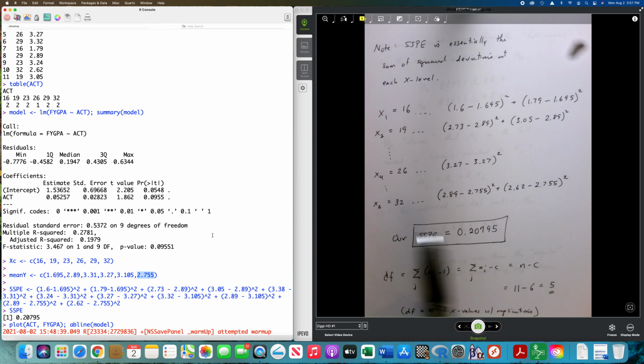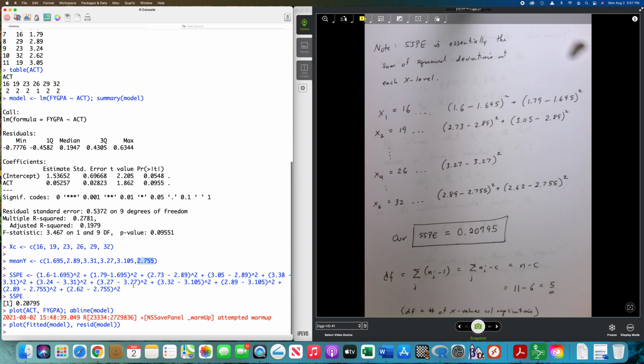So if you sum all that up, which I did right here, it was a royal pain because it was tedious work, and I was afraid of a typo. So you can see that the SSPE in this case, or sum of squares for the pure error, is 0.20795. Now it turns out that the degrees of freedom for this particular sum of squares is nothing more than n minus c.